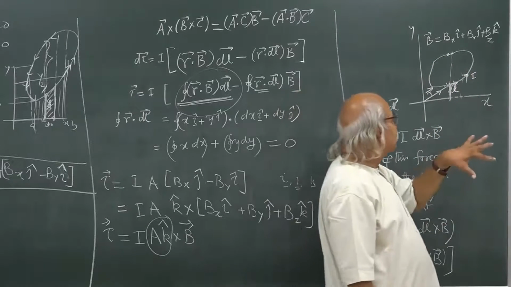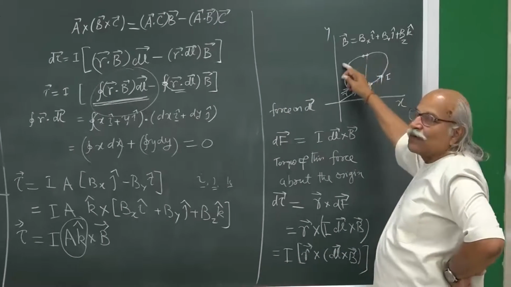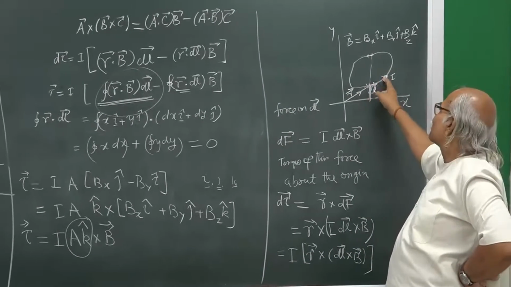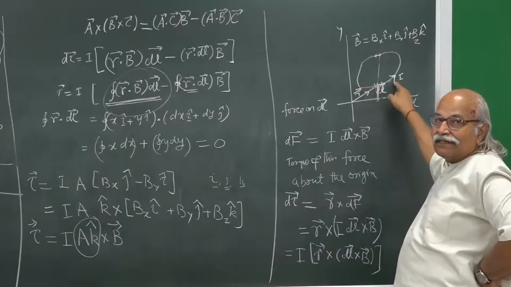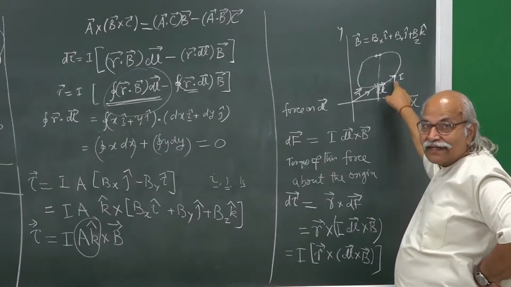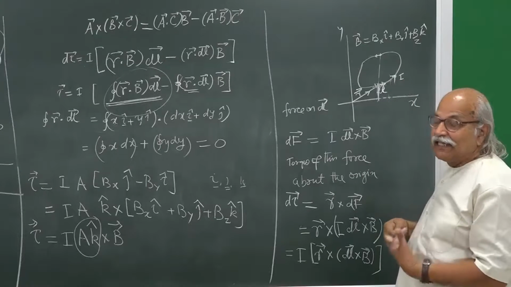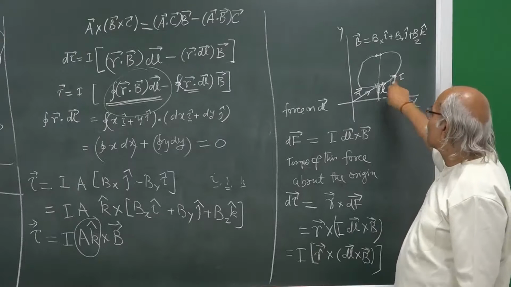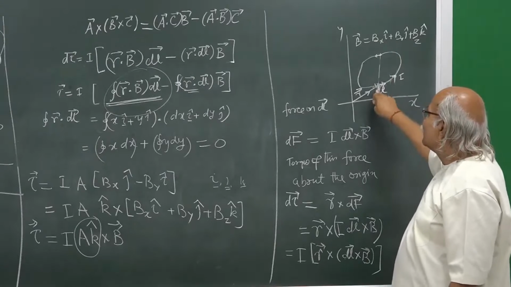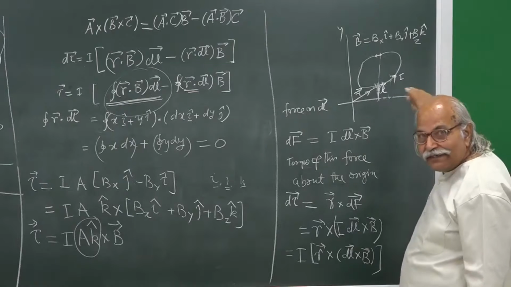Seeing from this side, it is anti-clockwise. This arrow tells me that you have to traverse this loop in the anti-clockwise direction, and then the area vector is towards me. If the arrow is opposite and it looks clockwise to me, then the area vector will be going away from me, that means it will go into the board.